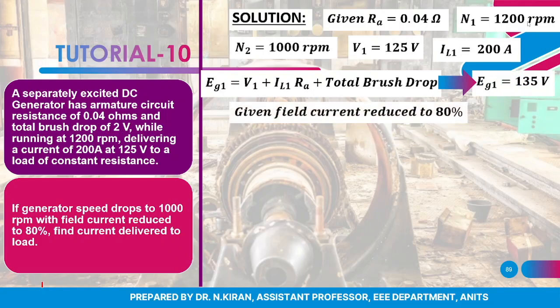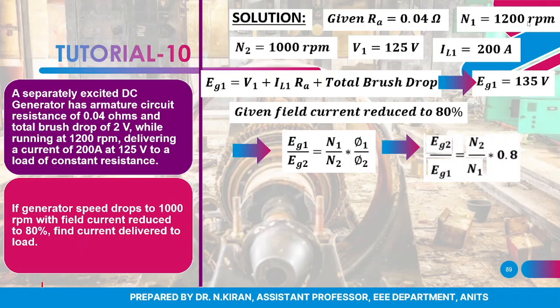Next, given that the field current is reduced to 80%, my expression will be Eg1 by Eg2 equal to N1 by N2 into Phi1 by Phi2, because flux is no longer constant here, so we need to consider flux also. Here it is given that field current is reduced to 80%, so that ratio is nothing but 0.8.